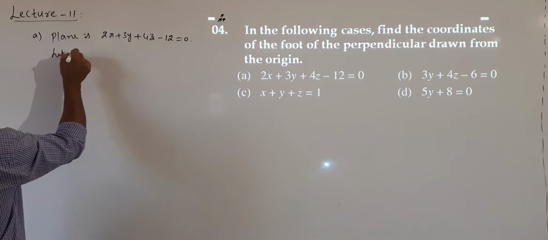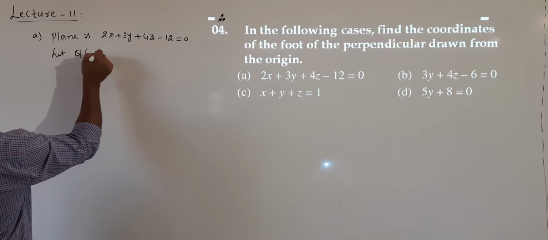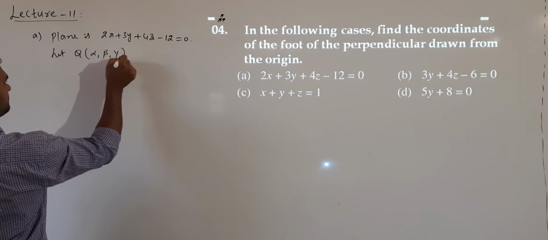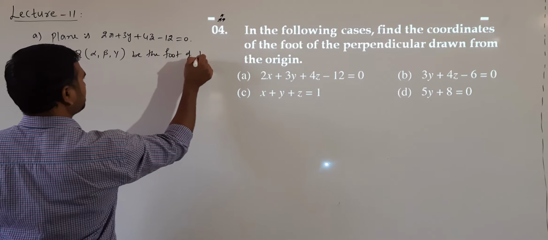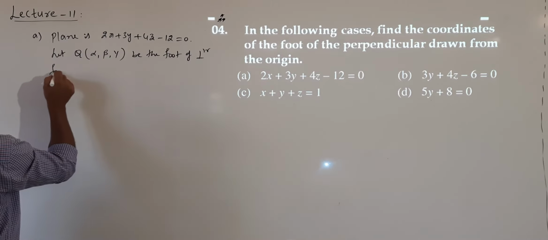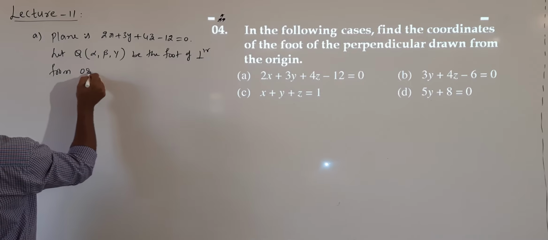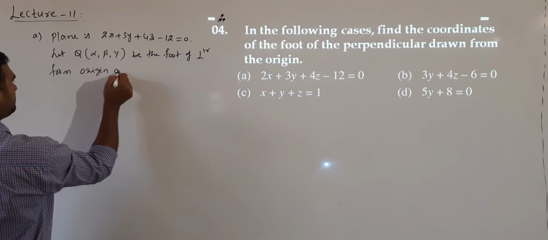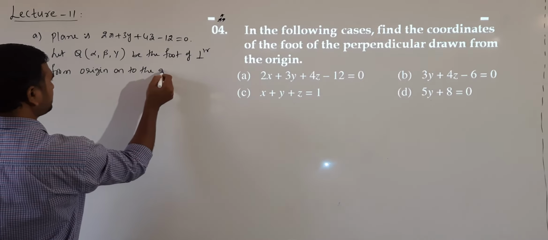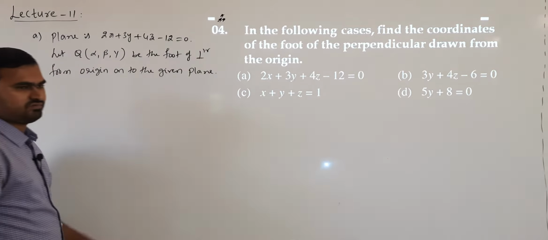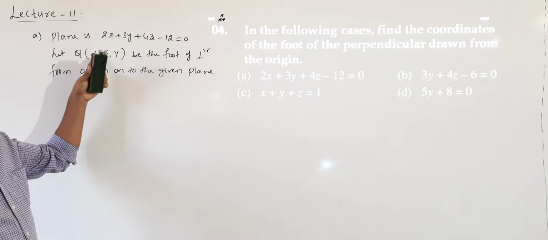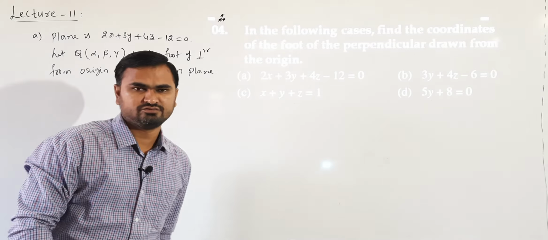From the origin. So let Q(alpha, beta, gamma) be the foot of perpendicular from the origin onto the given plane. So we have to find this Q, meaning we have to find the alpha, beta, gamma values here.